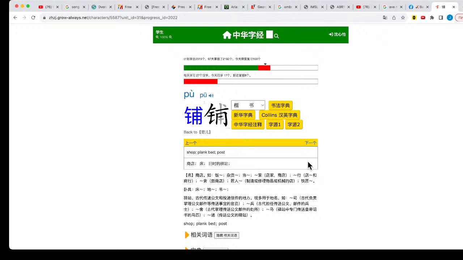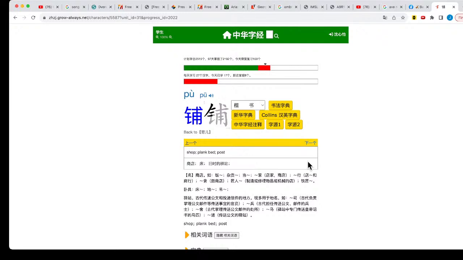Basically, any kind of small stand, food stands, small stores are called 铺: 饭铺, 杂货铺, 当铺, 铁匠铺. Usually those are small stores operated by a person or by a family.